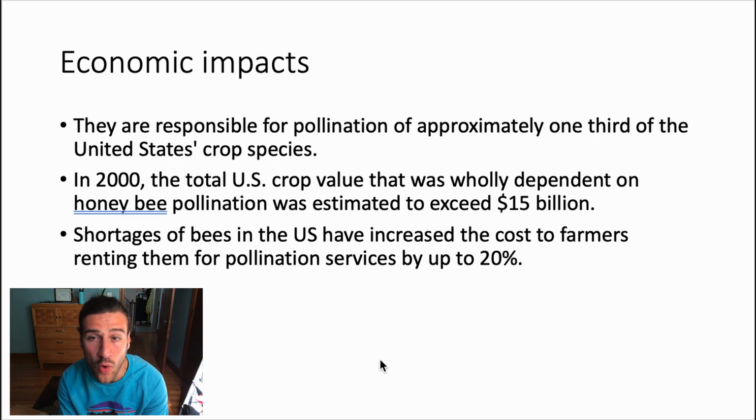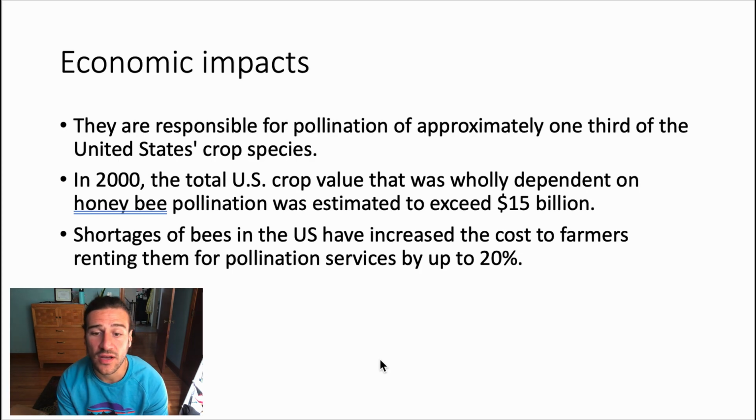We're in 2020 now. So that number has surely gone up with inflation, as well as with the number of people that are living on this planet. We are continuously trying to feed more and more people. So there's a higher dependence on these bee populations.